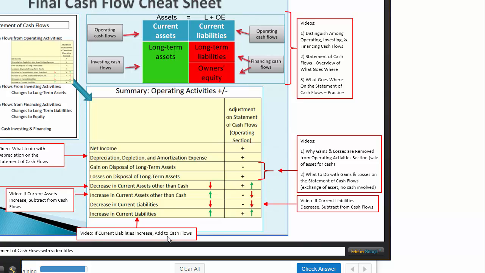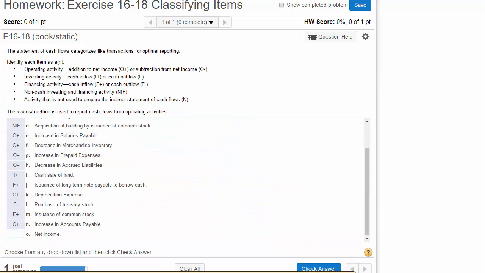If current liabilities increase, add to cash flows. The opposite rule is easier to analyze. If liabilities go down, then you must have paid them off, so cash goes down. The opposite rule is the opposite arrows. That's how most people logic their way through that one.